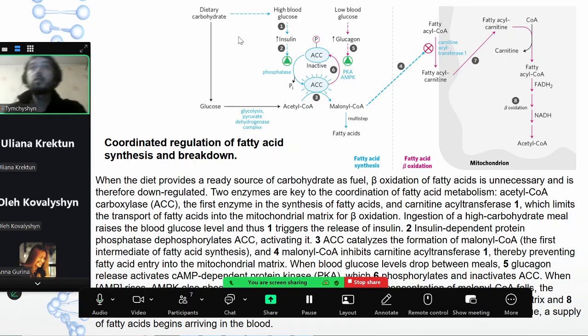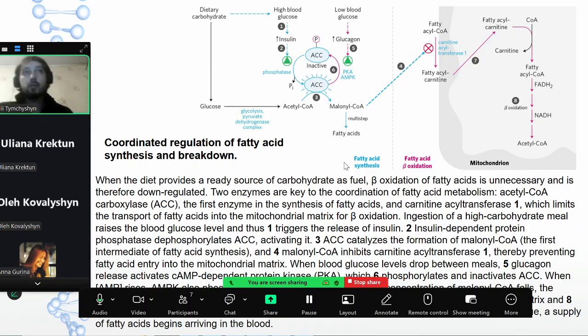Here is a sort of coordination between fatty acid synthesis and breakdown. So here is the scheme. Well, you probably might guess that any biochemical processes should be somehow regulated, especially when it gets to energy, because the storage and mobilization of energy from that storage should be somehow concerted with the amount of energy that we are able to get from the surrounding environment.